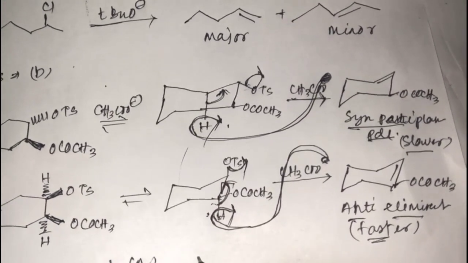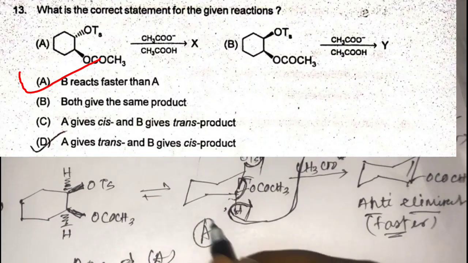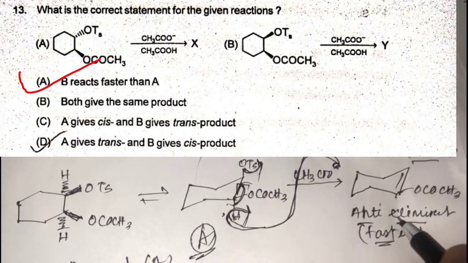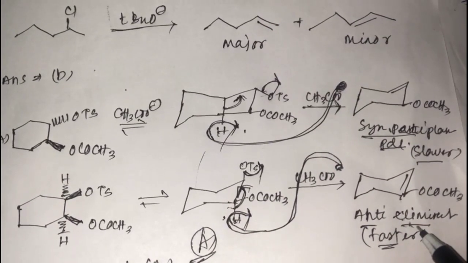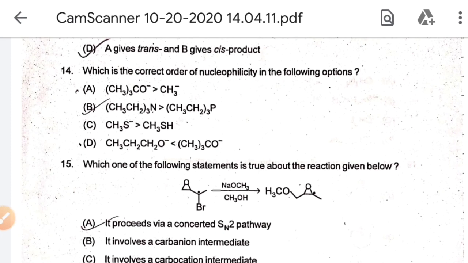So the correct answer for this question is A, because B reacts faster than A, as here anti-elimination takes place.